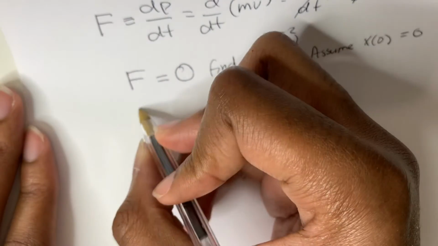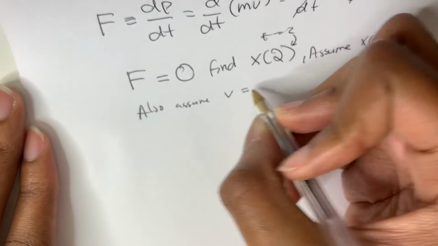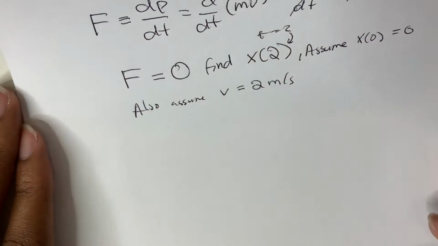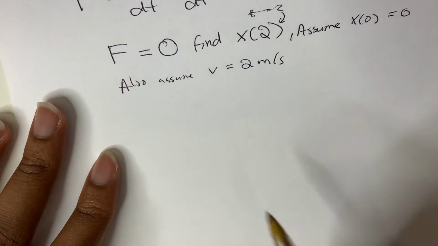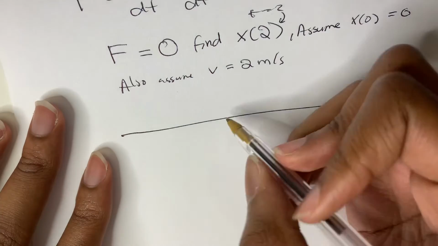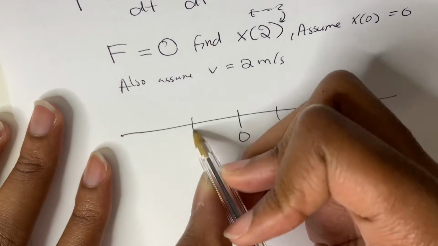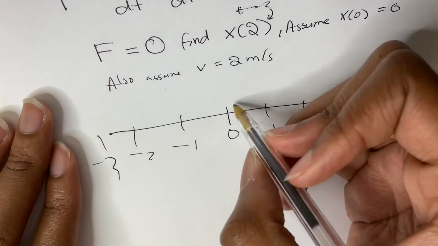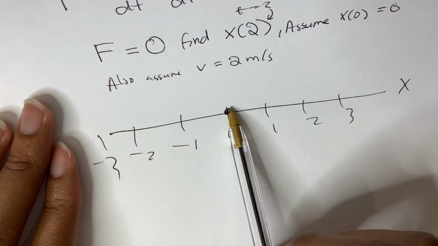And also, let's assume that the velocity of the particle is 2 meters per second. Okay, so to solve this problem, it's better to actually visualize it. So here is our number line. This is just the x-axis, okay? And the particle starts out at x equals 0.